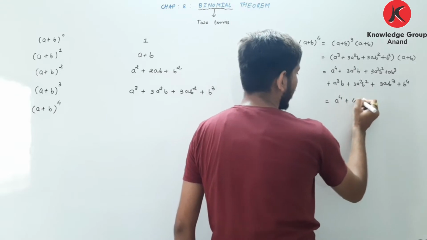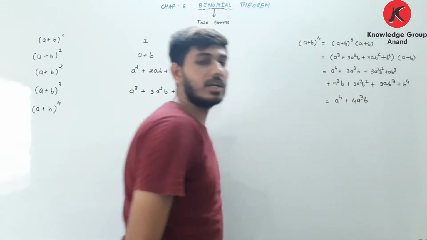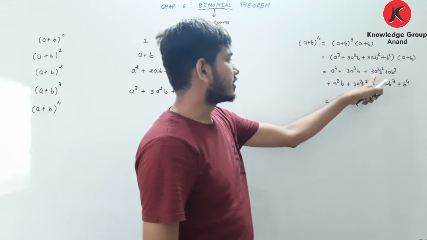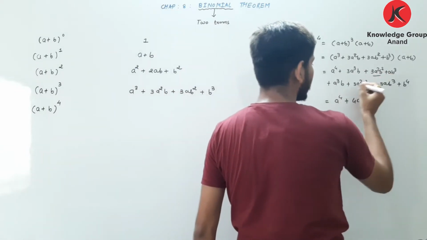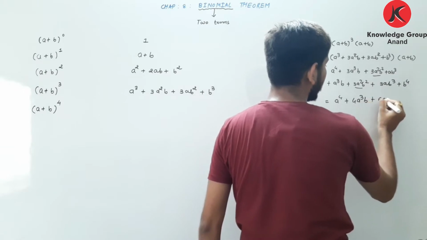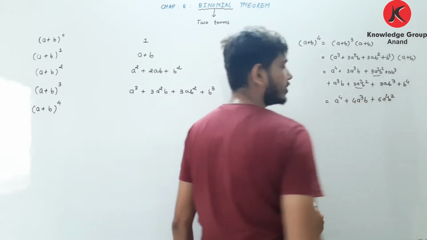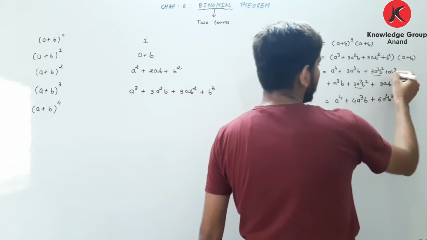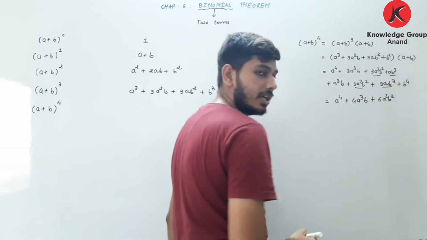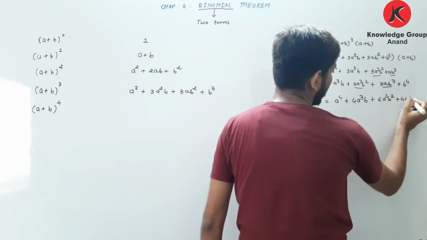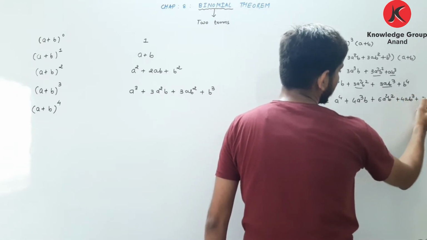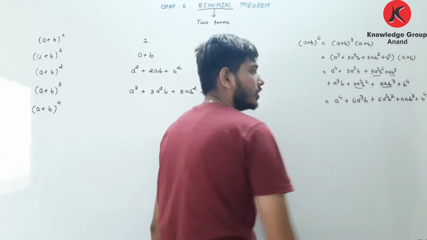Therefore we can add these two terms, 4a cube b, plus 3a square b square plus 3a square b square. Both terms are similar terms. Therefore we can add them, 6a square b square, plus ab cube plus 3ab cube, which equals 4ab cube, and last one b raised to 4 here.